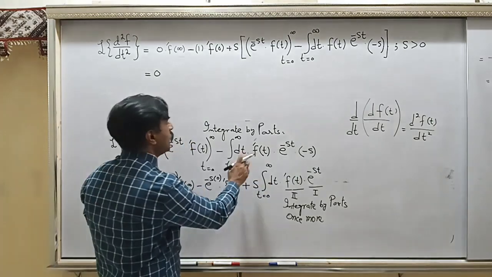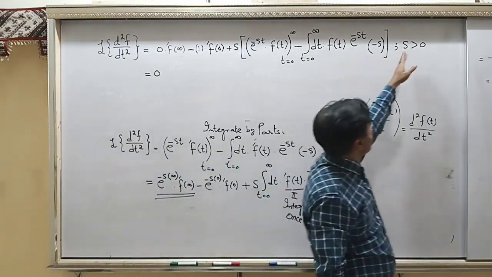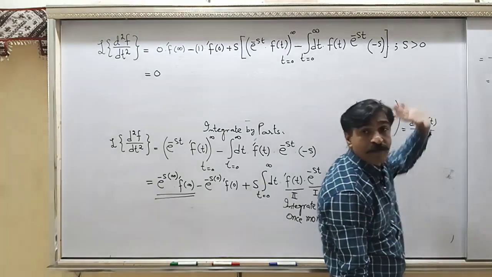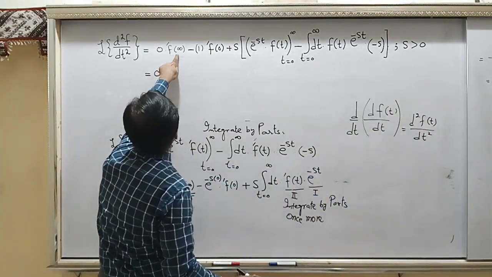So your new variable s, which was introduced in the Laplace transform, is a positive number, and this is a finite number.